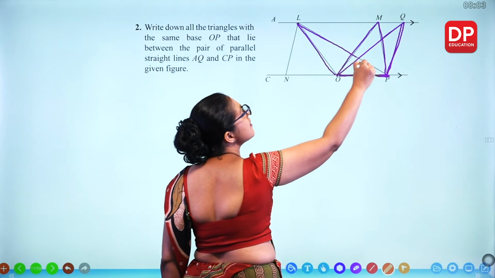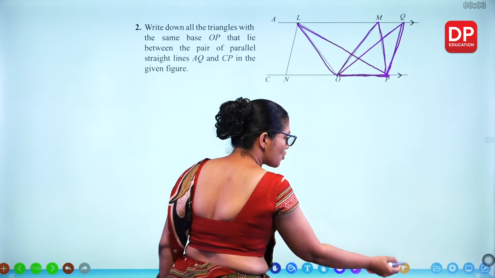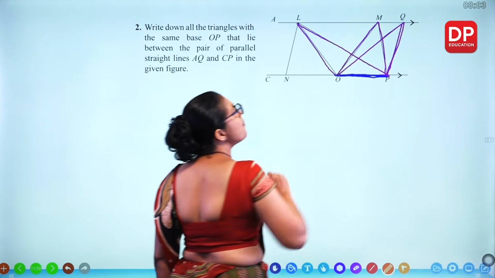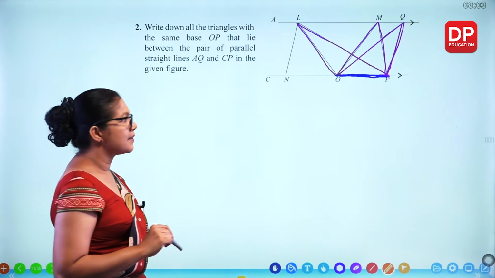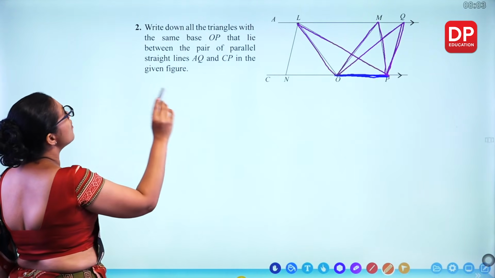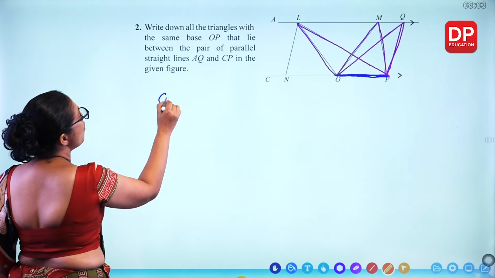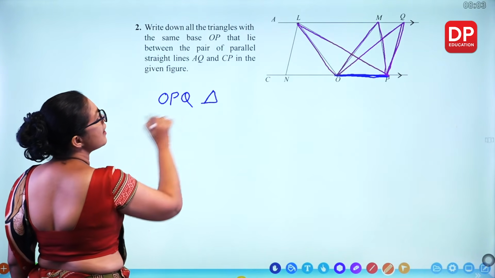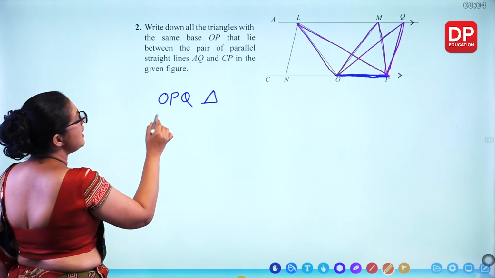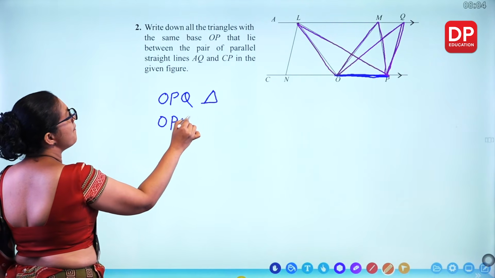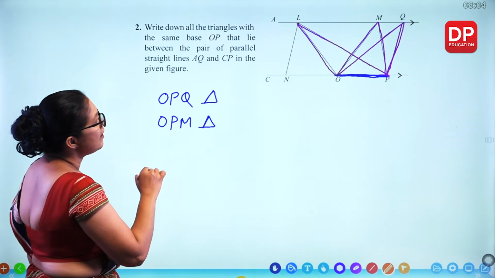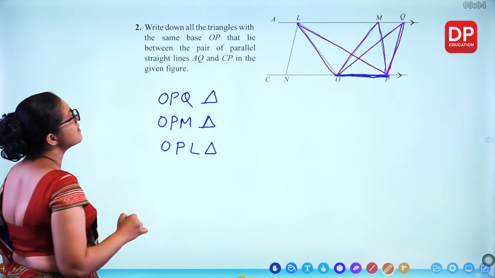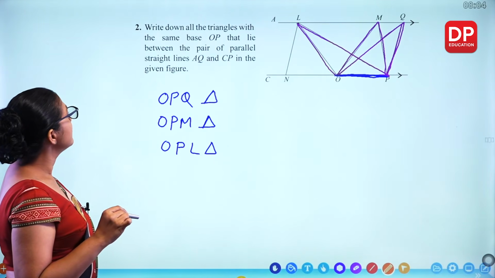This is the third one. All these triangles have this same base OP. So I can write down all these triangles. OPQ is one triangle. OPM is the second one and OPL is the third triangle.